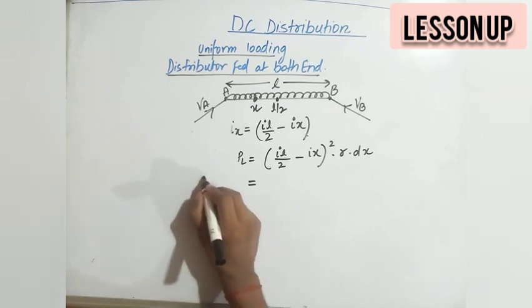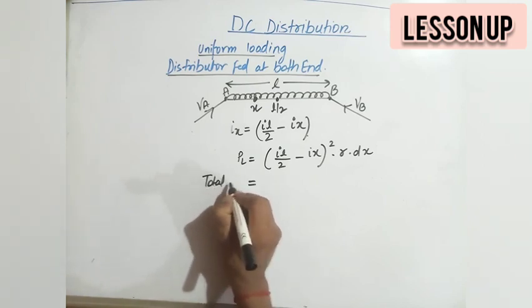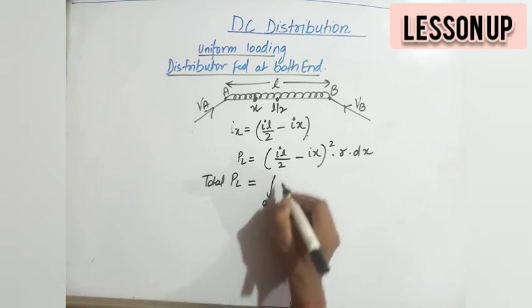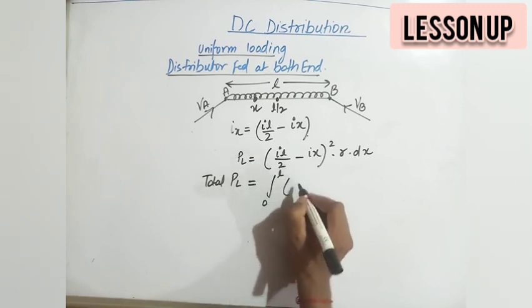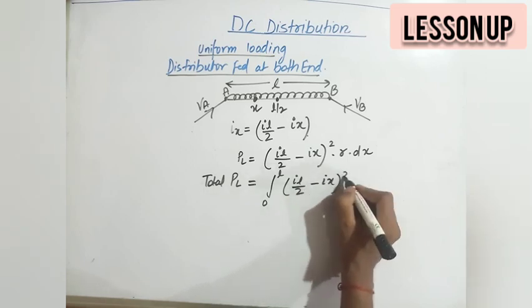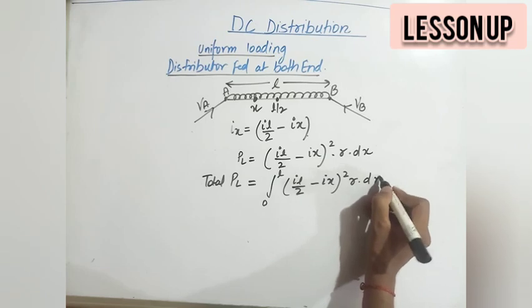Now the total power loss will be equal to the integration from 0 to L of IL by 2 minus Ix, square, R into dx.